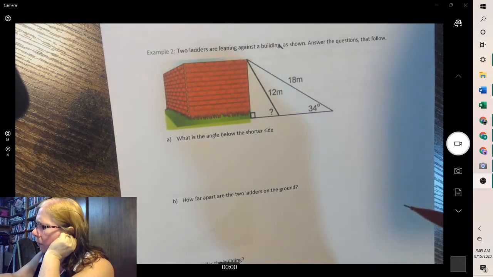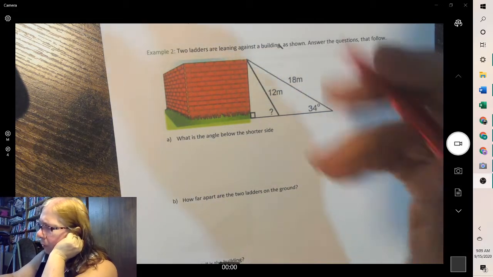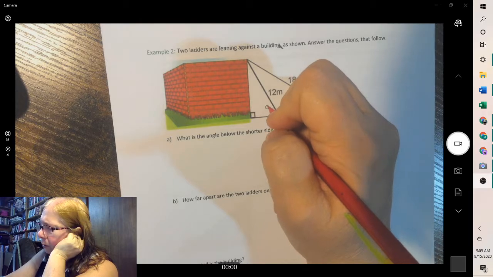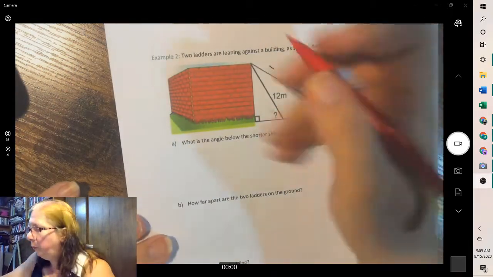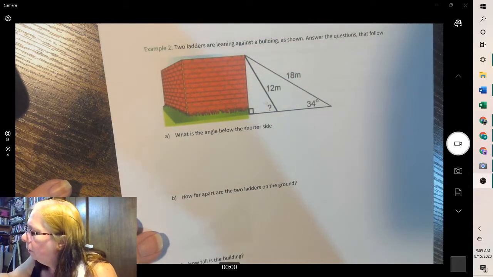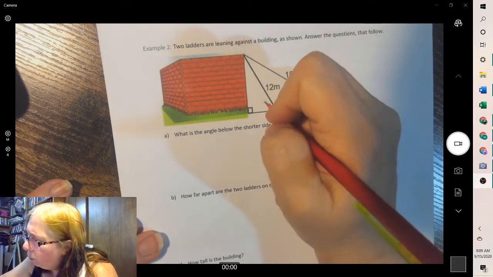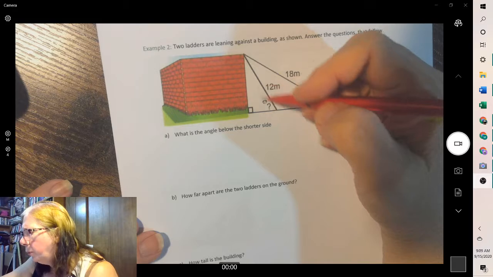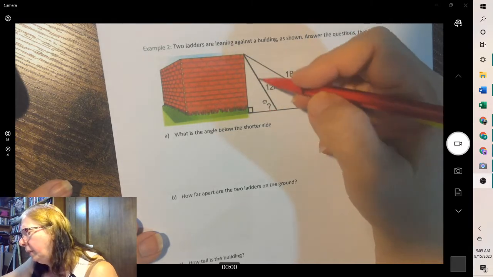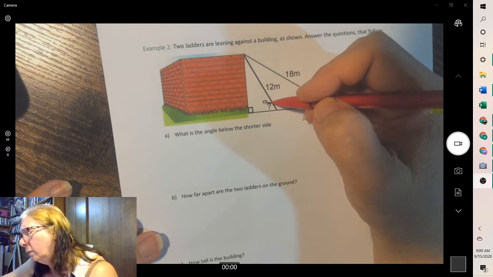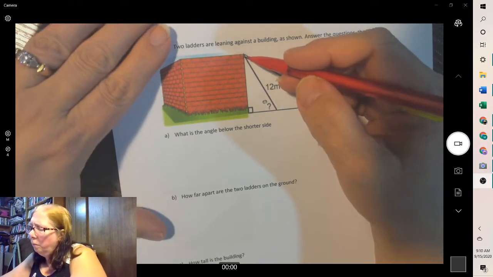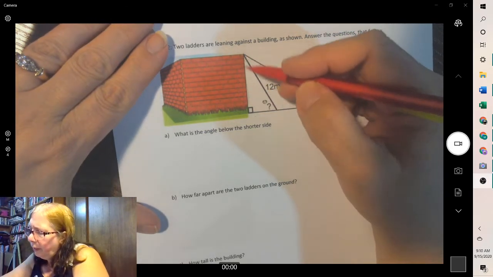But sometimes finding the other parts might be needed before you can find something, because if we just use the small angle, we only have one piece of information, the 12. We need something else in this triangle to find this. Well, what if we get this height?